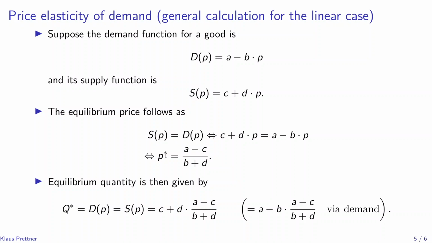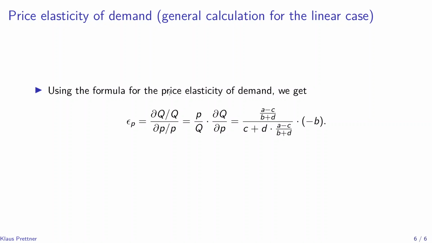That would be the equilibrium price level p star at which supply is equal to demand. And then we can plug this back into either the supply function or the demand function to get the equilibrium quantity. So if we plug it into supply, we get c plus d times (a minus c) divided by (b plus d). And if we plug it into demand, we get the corresponding expression here.